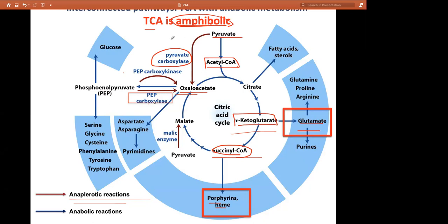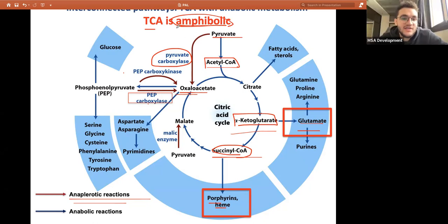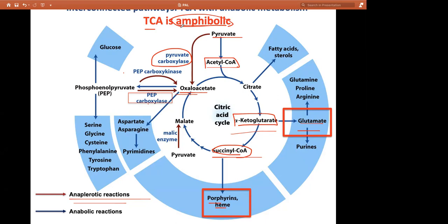Now, why do we not say the TCA cycle is catabolic? Why do we say it's amphibolic? It's also anabolic, not only catabolic. Because we're also building up, creating ATP and building NADH. After malate, we also build oxaloacetate too.